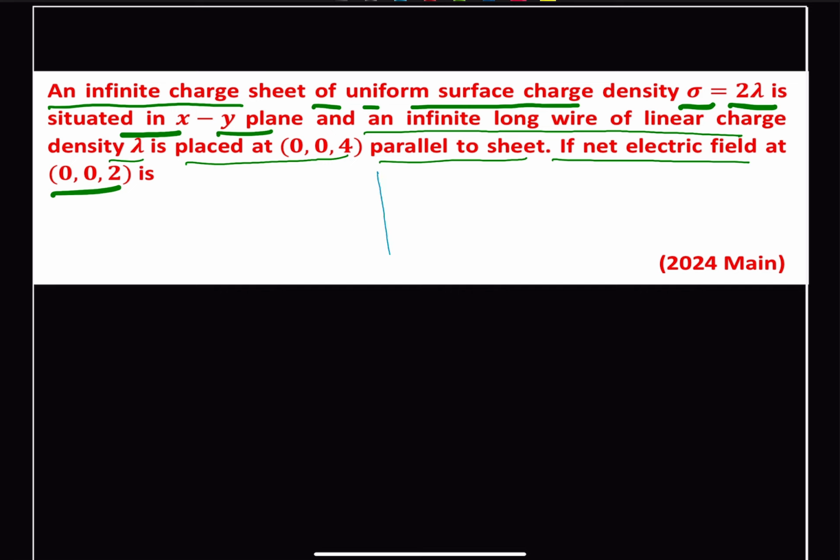So we are given that we have a sheet. Let us put this over the x-axis, this is z, and let us call this y, much easier. So we call this y, and this is our x-axis. We have a sheet which is in the xy plane.